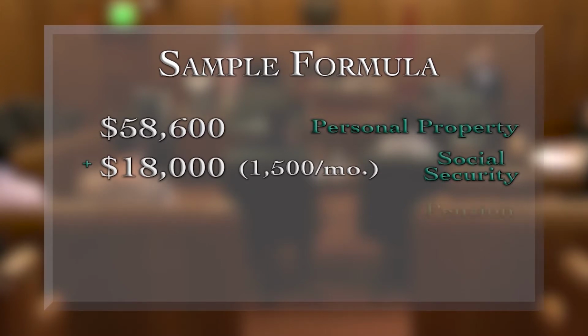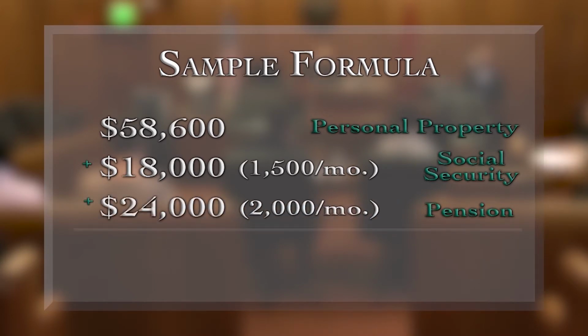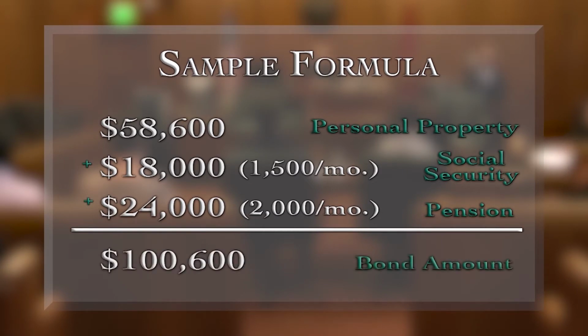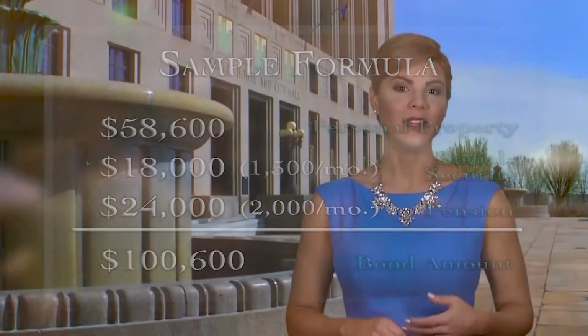He also has a pension that pays the respondent $2,000 a month, in other words, $24,000 a year. Added up, it equals $100,600, so the court would likely set the bond amount at $100,600.